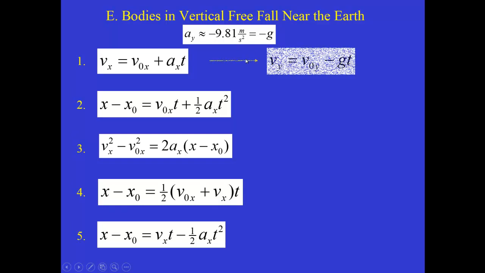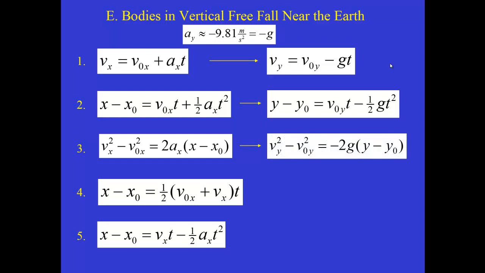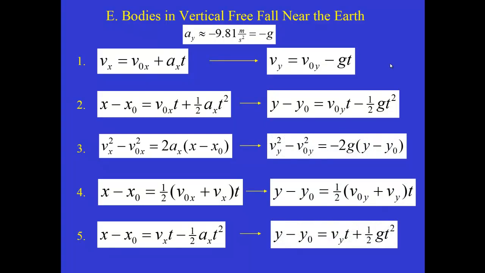So, just to show you how this works, equation 1 becomes the following, right there. Equation 2, the x's become y's, and ax becomes ay, which is negative g. Equation 3, equation 4, and equation 5.